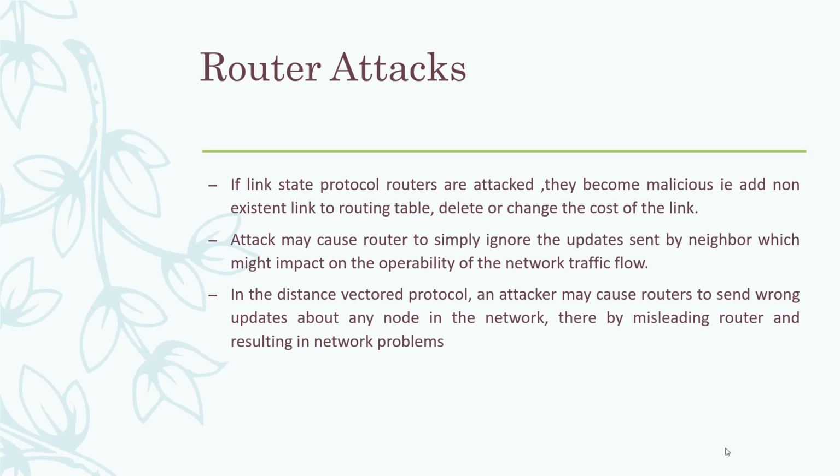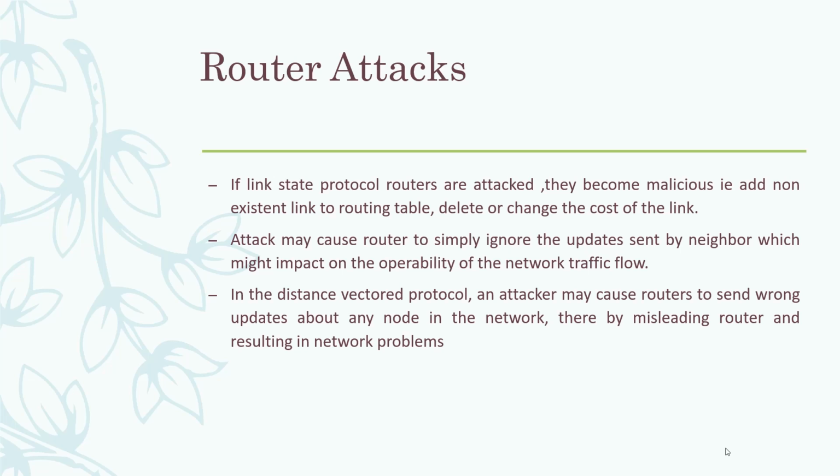And if the router is using distance vector protocol for computing its routing table, then the attacker may cause the router to send wrong updates about any node in the network, thereby misleading the router and resulting in network problems.